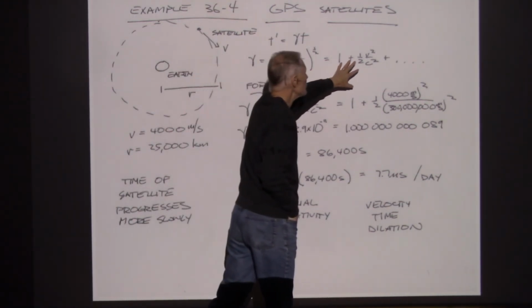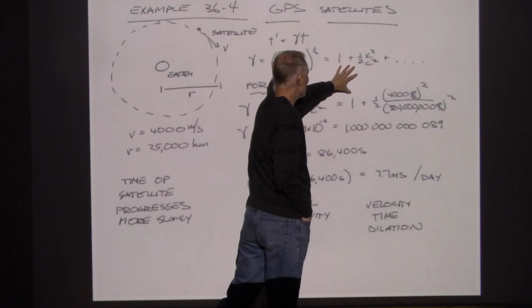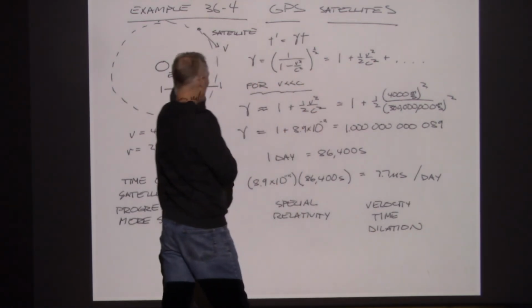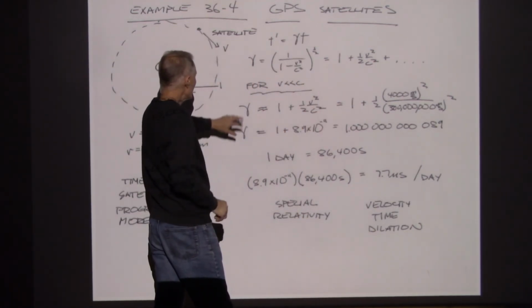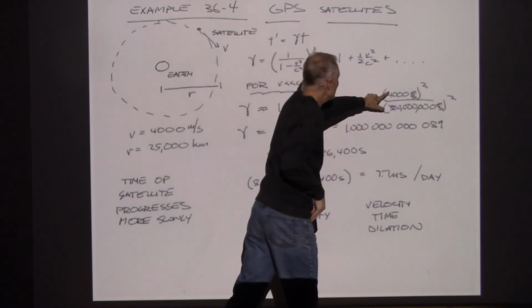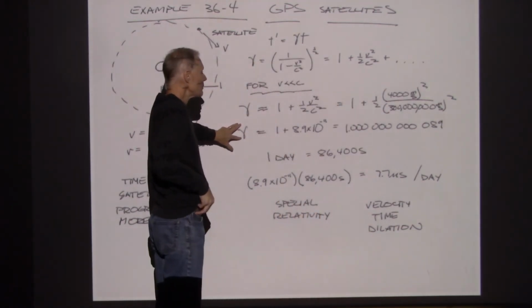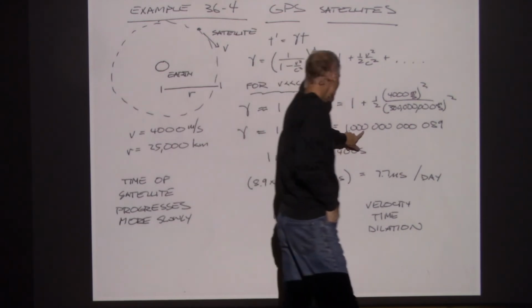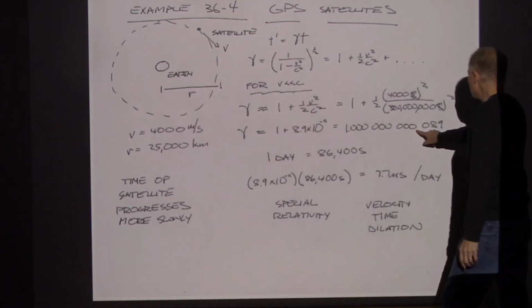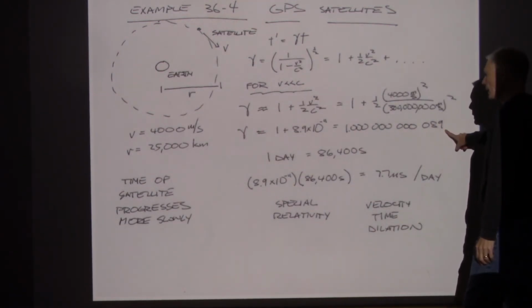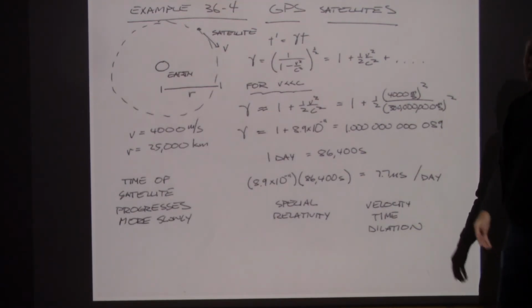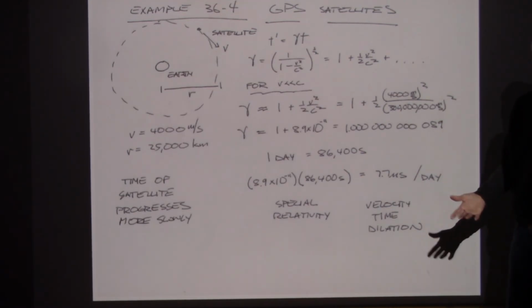Now we can still use the low speed approximation that we've used before for gamma. And it says that at 4,000 meters per second, the gamma factor will be 1.0000000000089. So that's really close to 1.